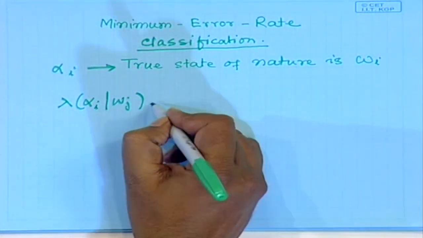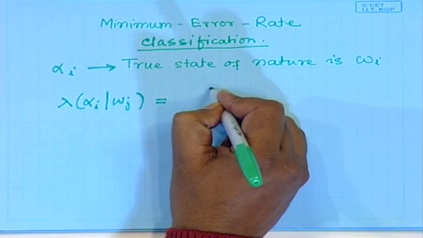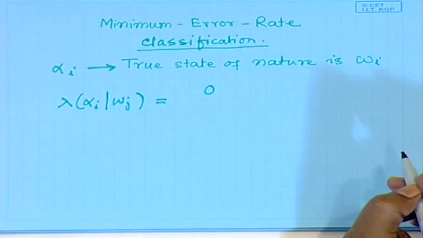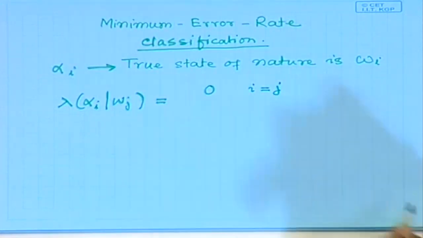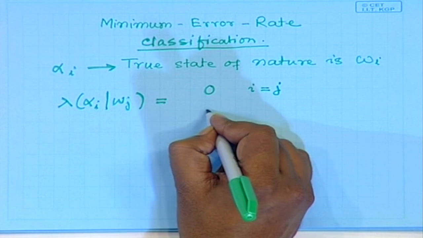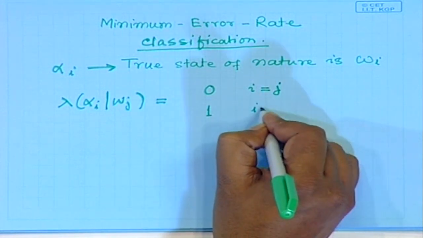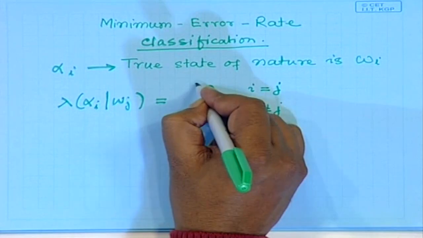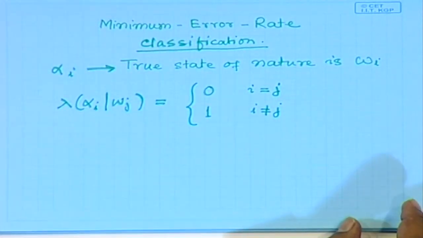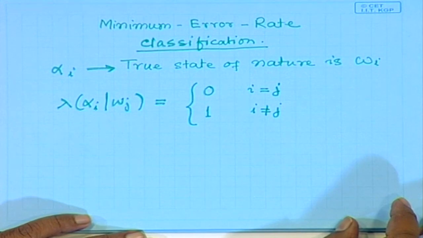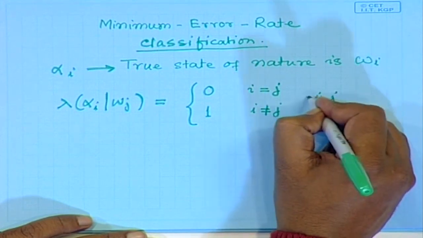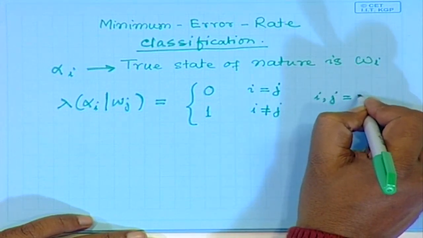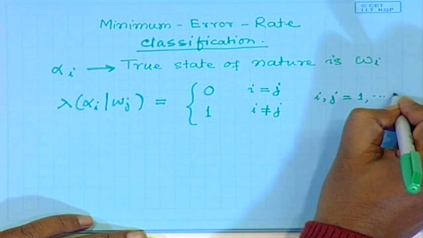Okay. So, if I define this loss function like that, I define this lambda of alpha i given omega j as equal to 0 whenever i is equal to j. That means I am taking the correct decision. And I make the loss function equal to 1 whenever i is not equal to j. Okay. So, this is how I define my loss function, and this is true for all i and j equal to 1 to c.